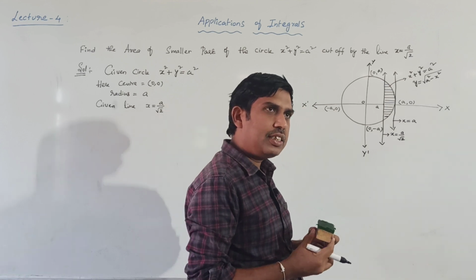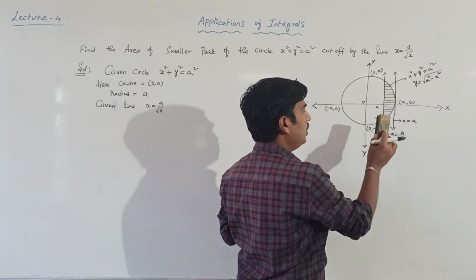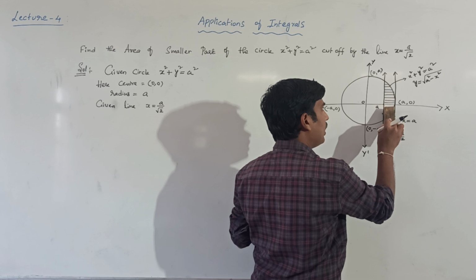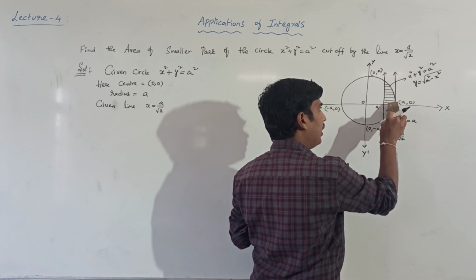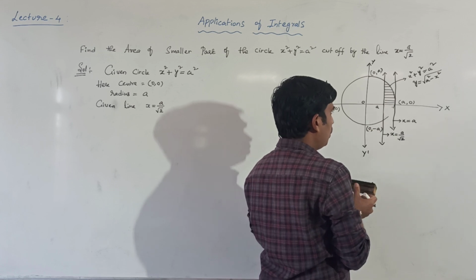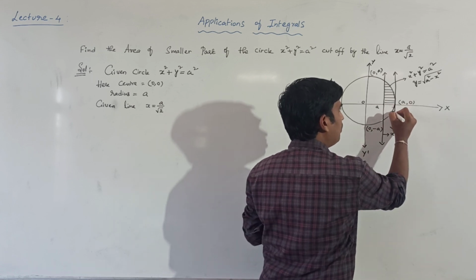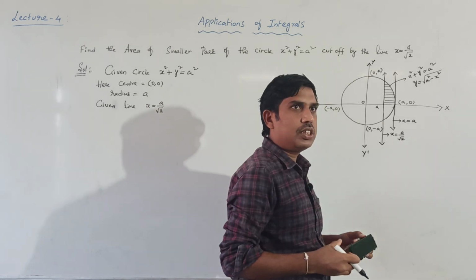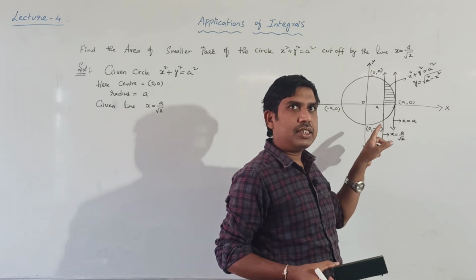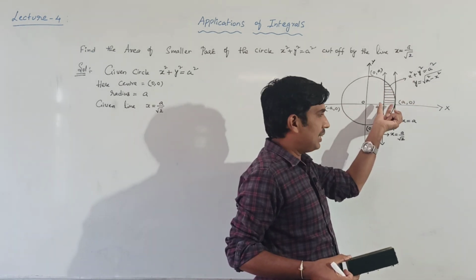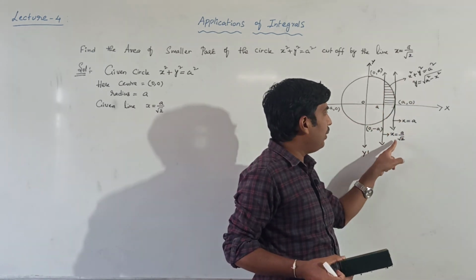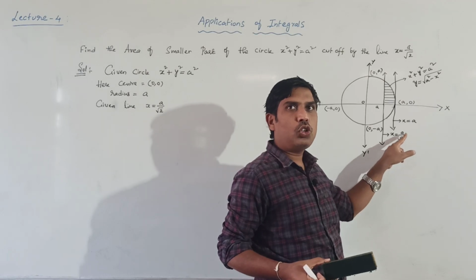So how to find the shaded part? First take only one part, because those are equal in area. That area is bounded by the curve with the x-axis between the limits a by root 2 to a.